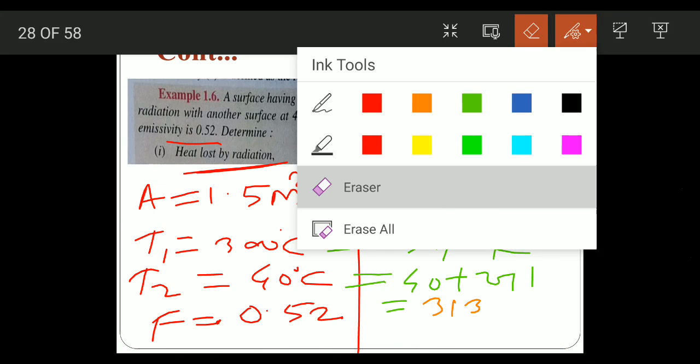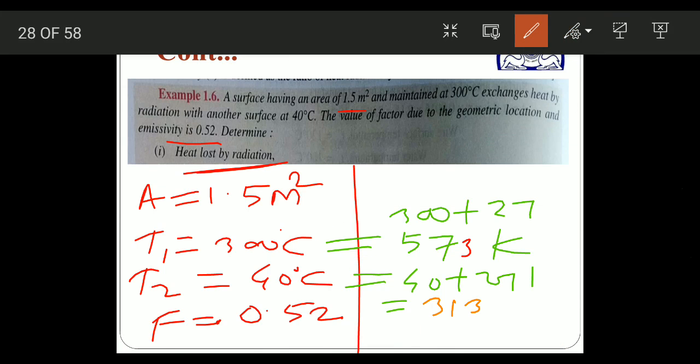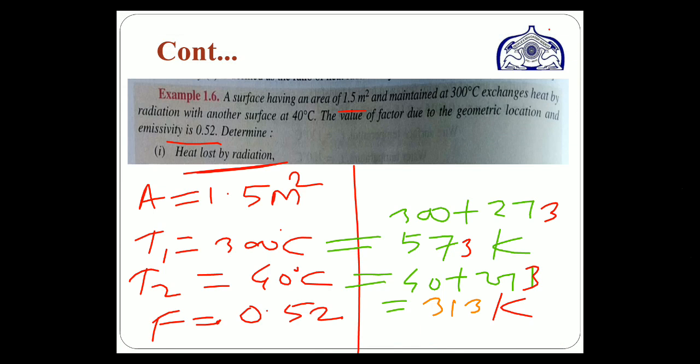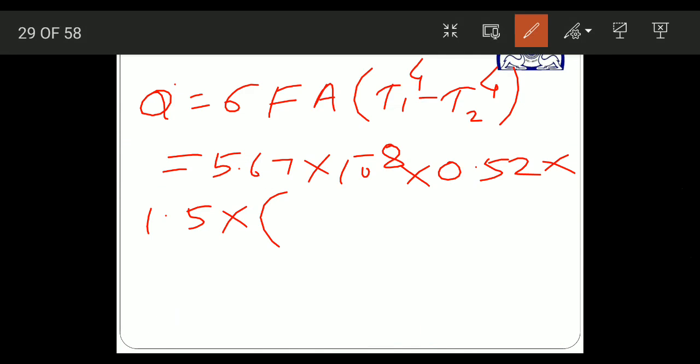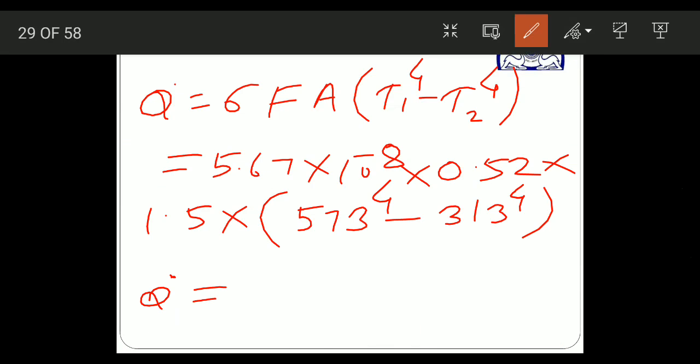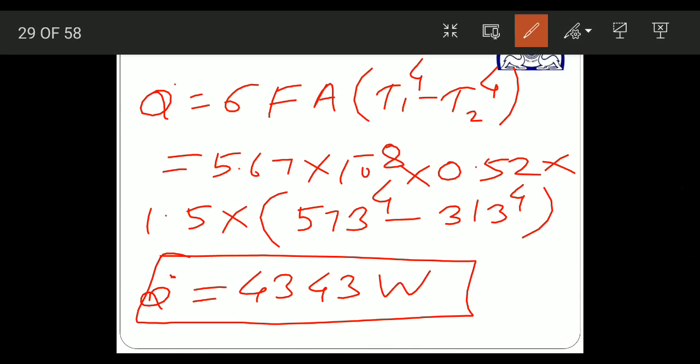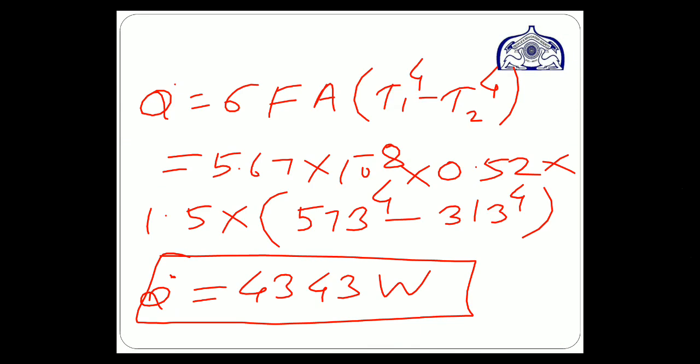This is 573, this is 273, so this will be 313 Kelvin. So now put these values and what we get here? That is 573 raised to 4 minus 313 raised to 4, and if you simplify this, you will get the answer as 4343 watt. Okay. So this is the rate of heat transfer due to the radiation, right?